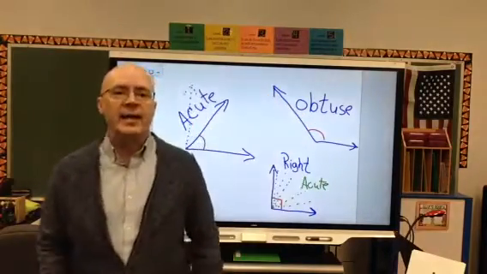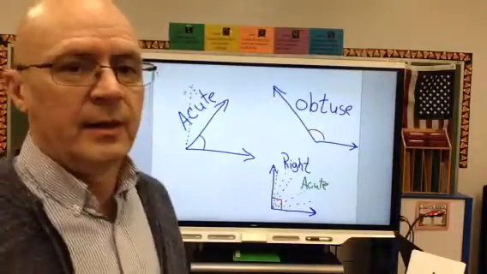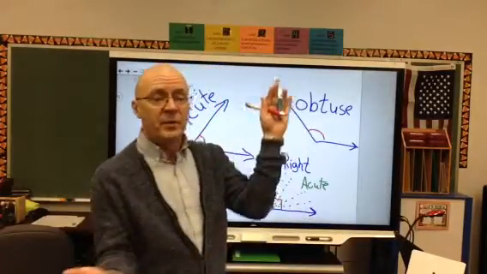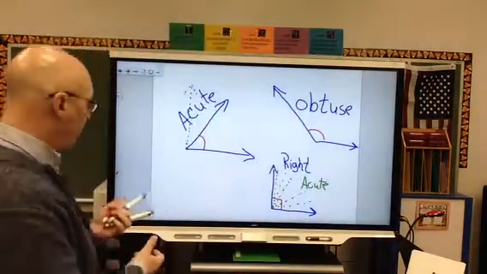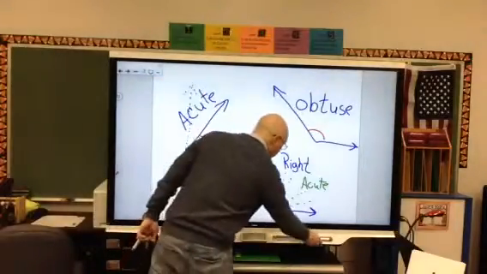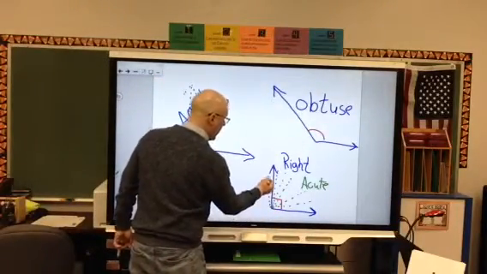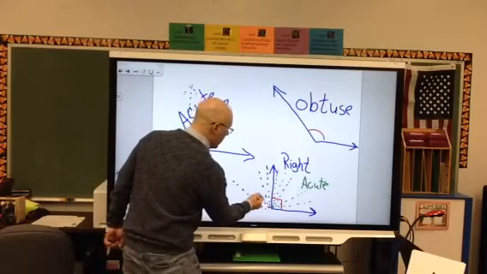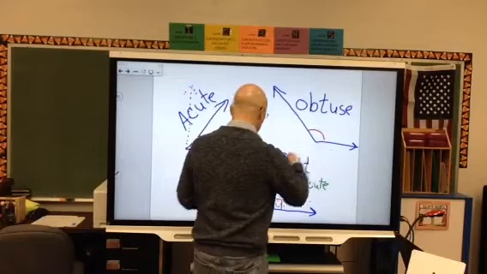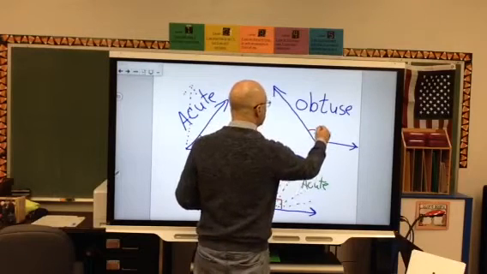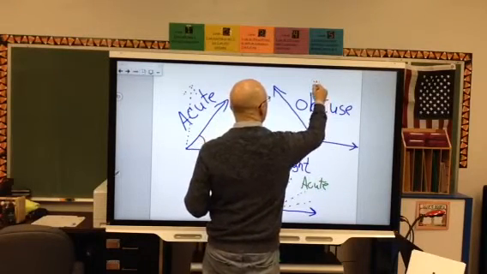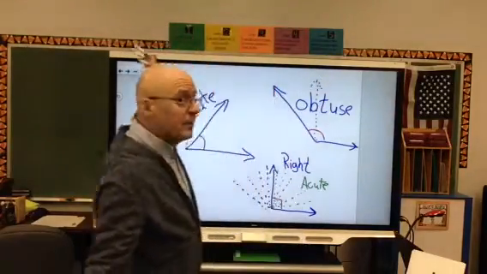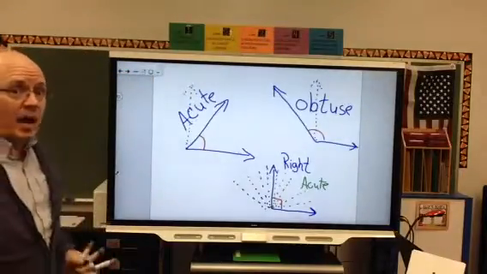And I always think of it like, that's a cute little puppy. That's a cute little baby, right? It's cute. It's smaller than the right angle. Anything larger than the right angle, anything over here, like this one, here's your right angle right here. You have to pretend that it's perfect, right? That would be a right angle, but this is bigger. It's wider. That's called an obtuse angle.